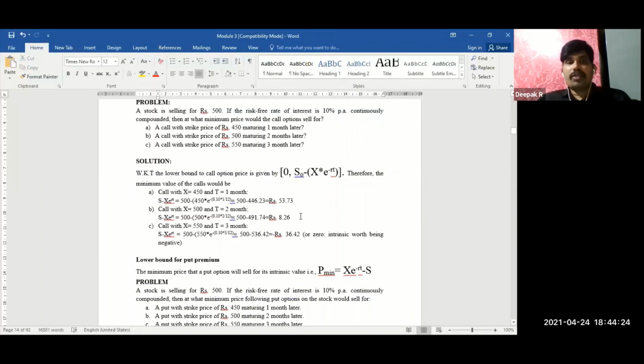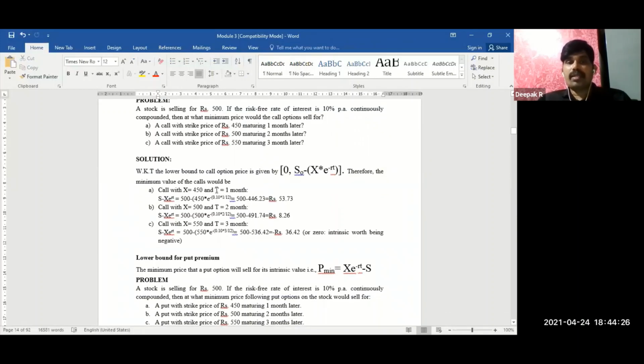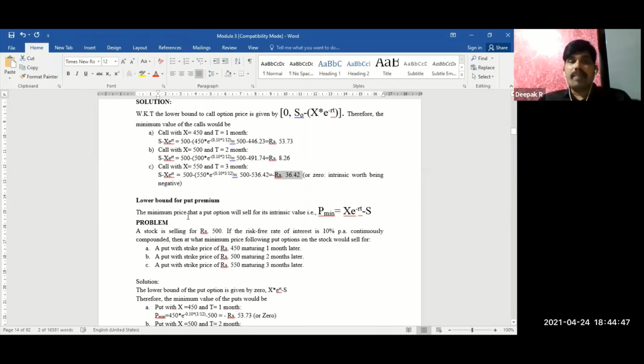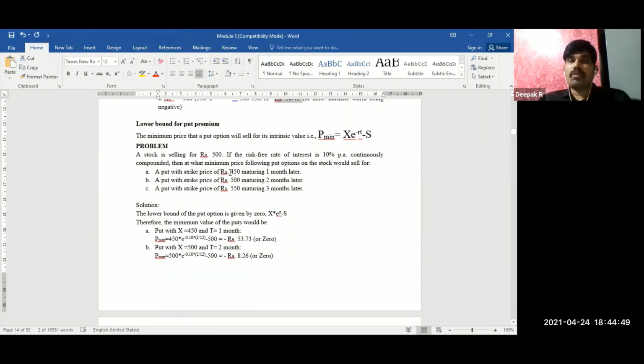So depending upon the time period, whether the option is for 1 month, 2 months, or 3 months, the amount of premium that you might expect will be decided based upon this, which mainly talks about lower bounds and upper bounds.